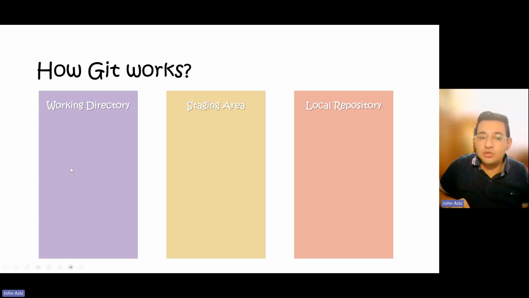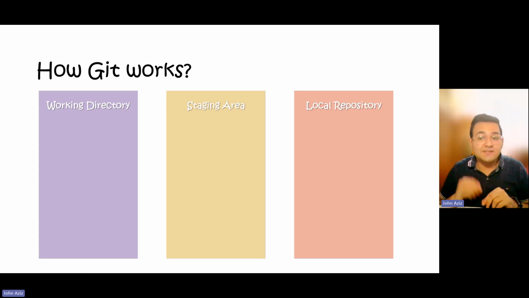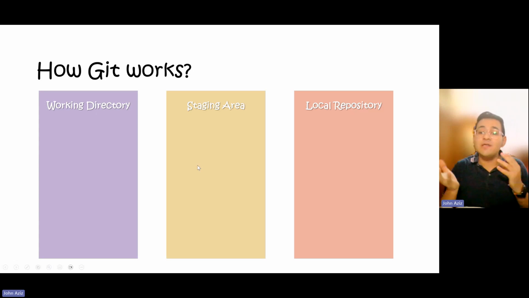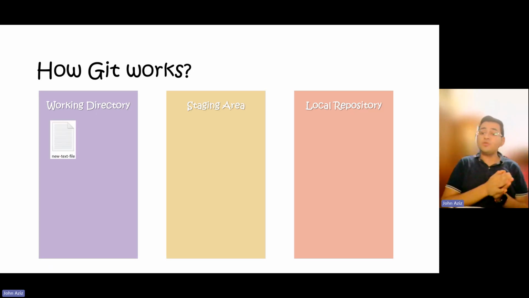We have the working directory, which we have just created the file inside, and we have the staging area, which is the intermediate place between saving the changes forever in the local repository and keeping them in an intermediate state before saving them to the local repository. So to get started, we have created the file inside our working directory.